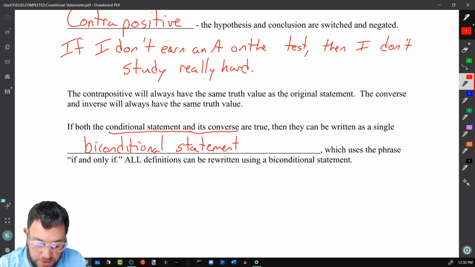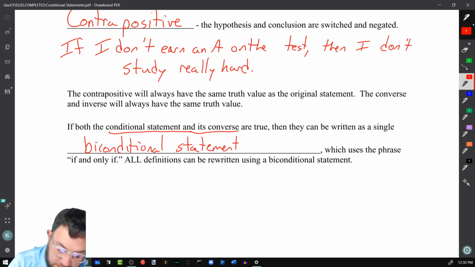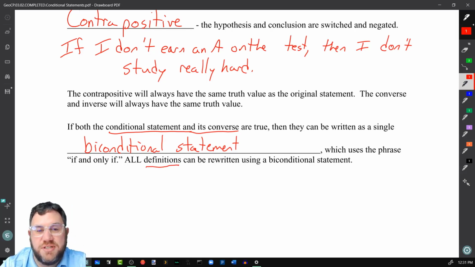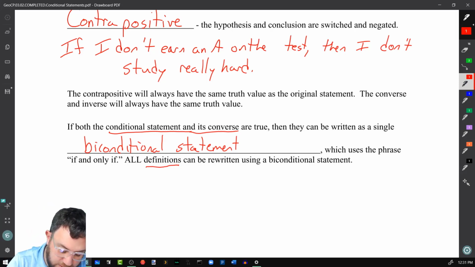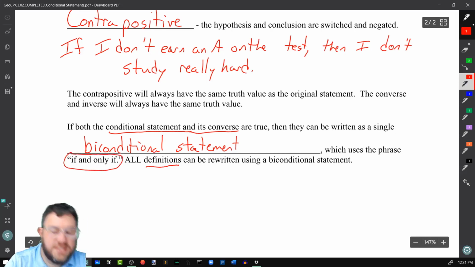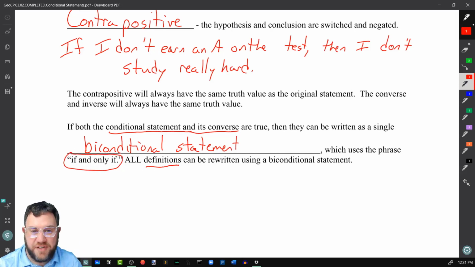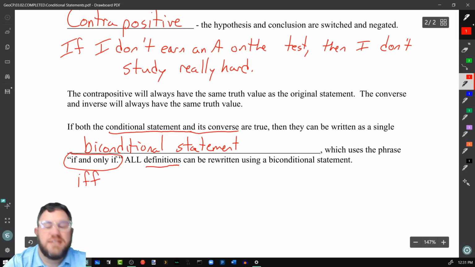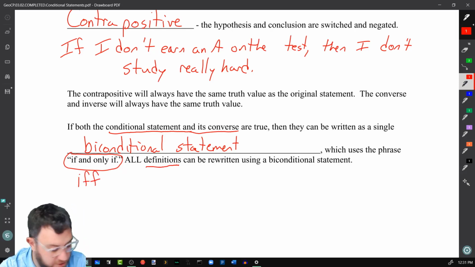Both are true, and so it could work either way. And these are usually definitions. All definitions could be rewritten as biconditional statements, and we use the phrase if and only if. Instead of just writing the word if, we write if and only if, and that's kind of our clue that it works either direction. Sometimes you will see that abbreviated as iff with two F's.